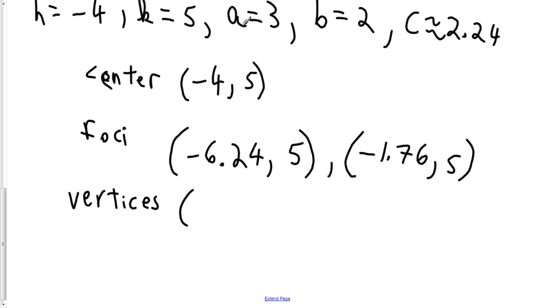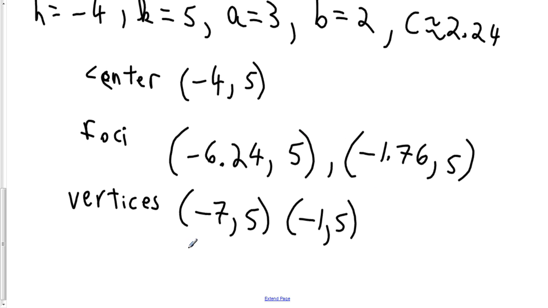So a units to the left of the center, a is 3, so that's negative 4 minus 3, negative 7. And then a units to the right of negative 4 is going to be negative 1. So the foci and the vertices of the major axis are all on the same horizontal line. They all have a y value of 5.